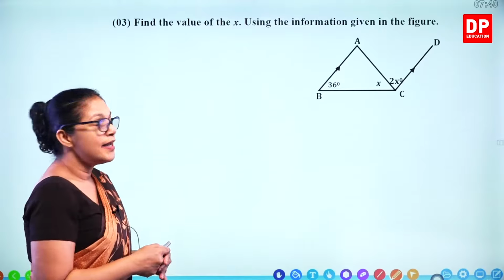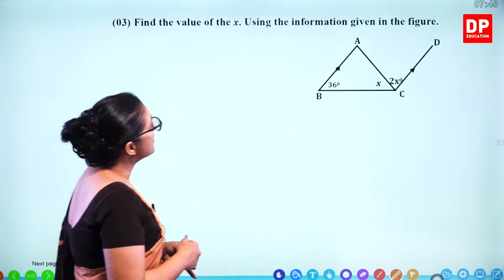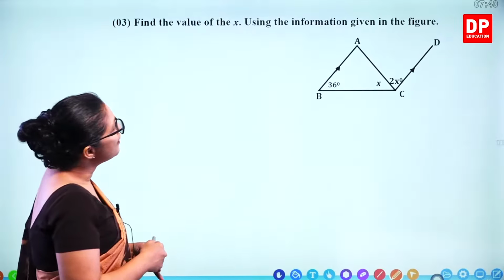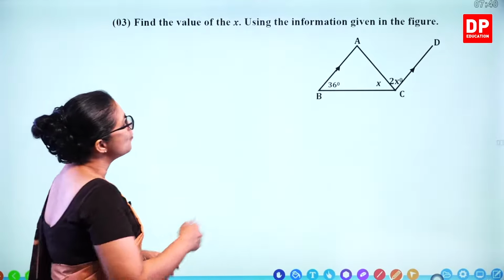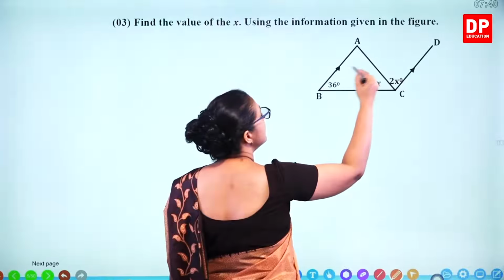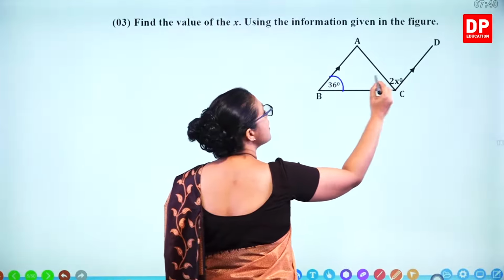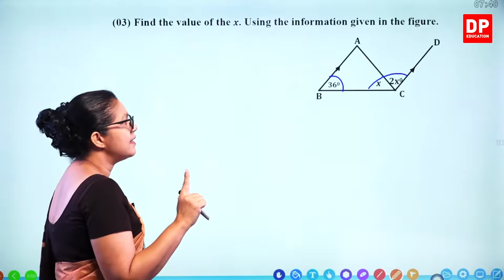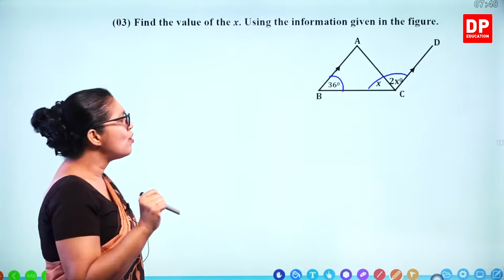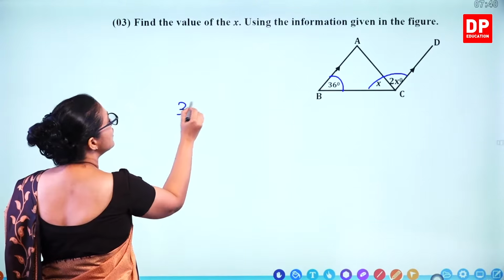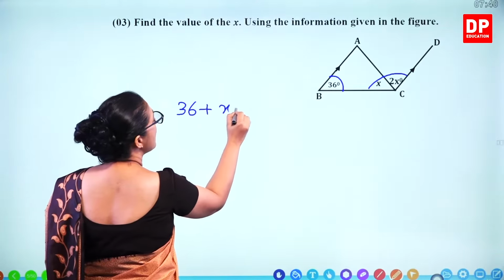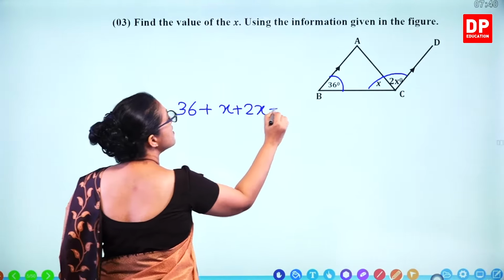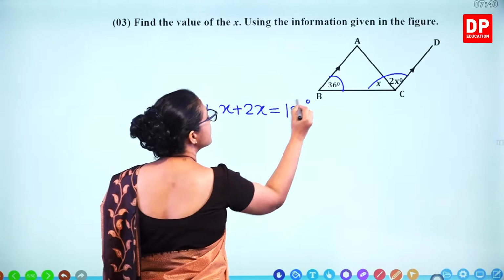Question number 3. Find the value of x using the information given in the figure. These two lines are parallel. What can you say about these two angles? If the two lines are parallel, allied angles add up to 180. So 36 plus x plus 2x is 180 degrees.